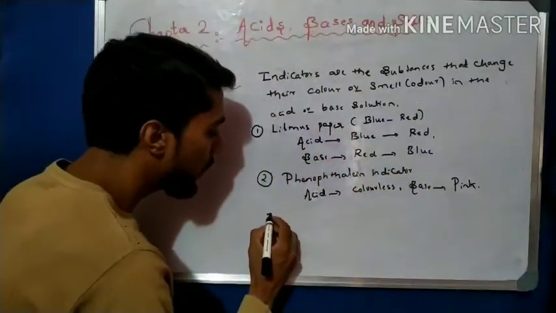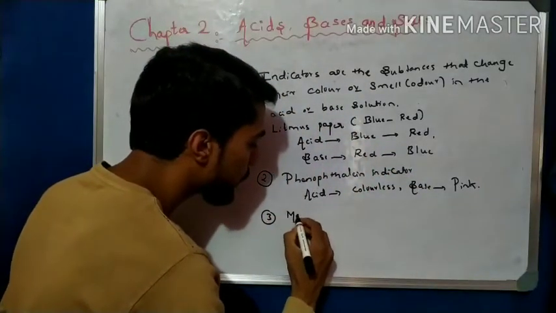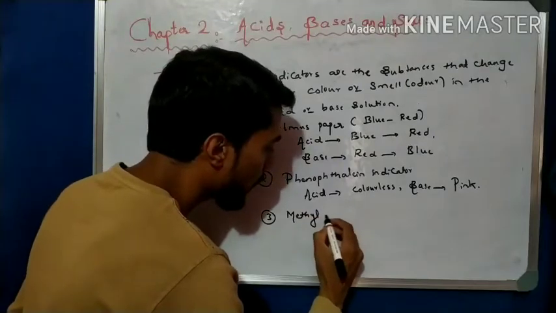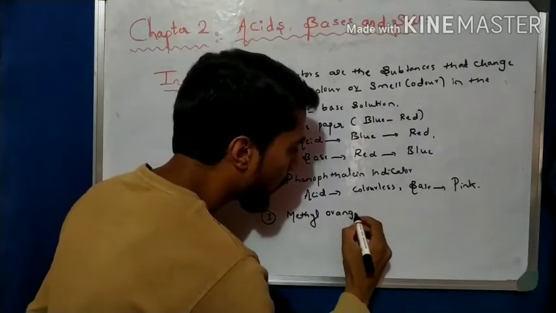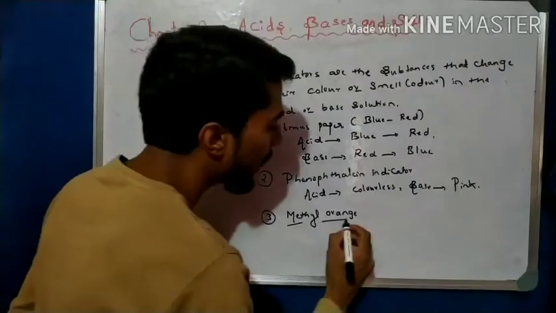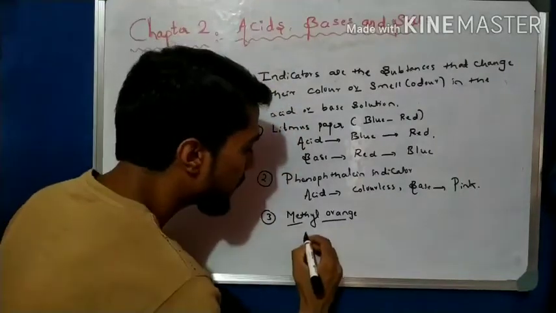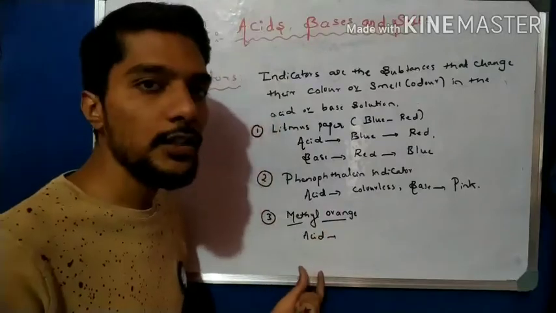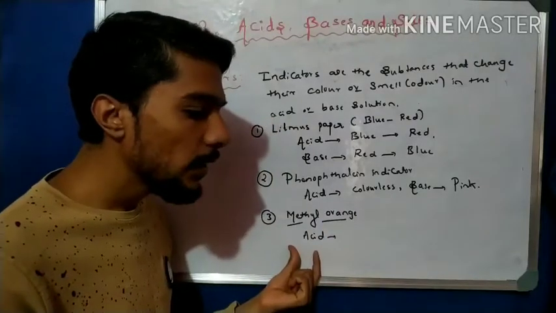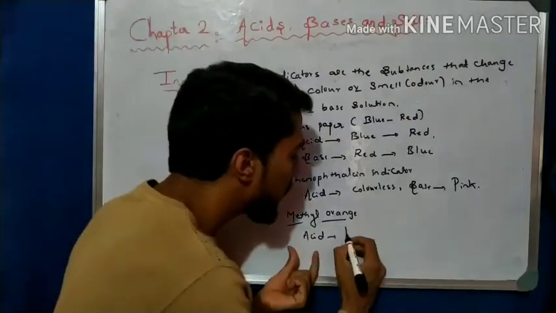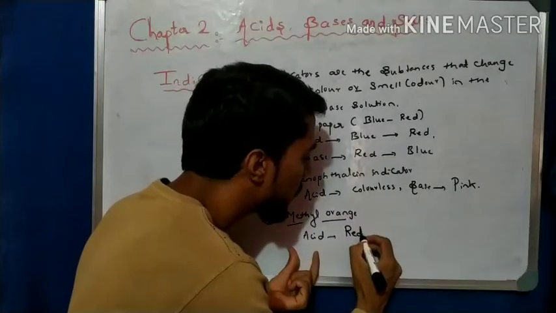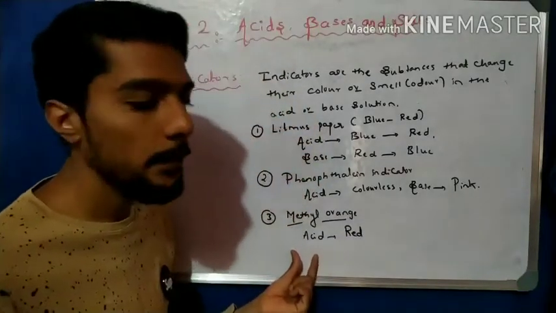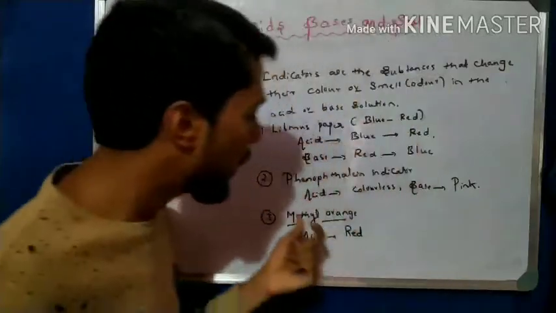Let's come to the third one, that is methyl orange. If a few drops of methyl orange are added into an acid, we observe that red color is obtained. The solution color is red.